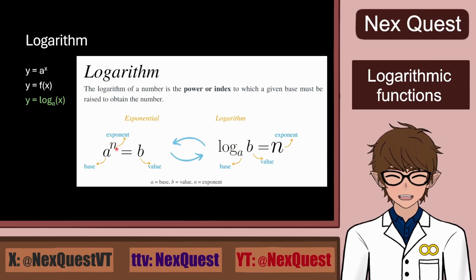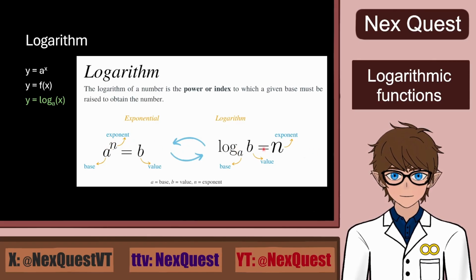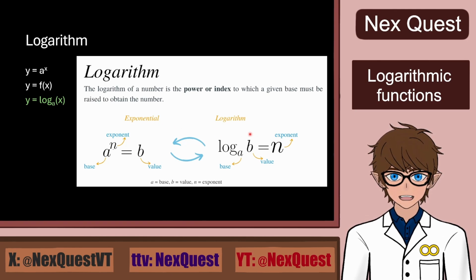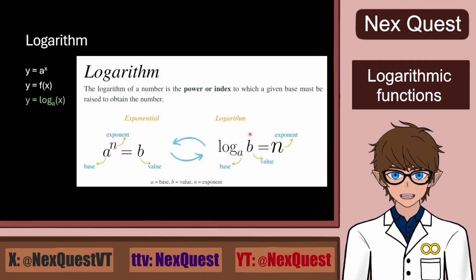Y, or in this case n, the exponent, is the result. This means that the right side of the equation, log of x with base of a, is the formula for the exponent to which a is raised to get x.